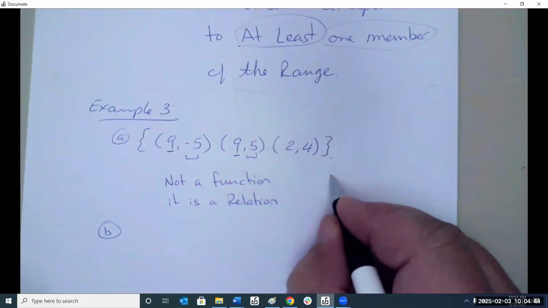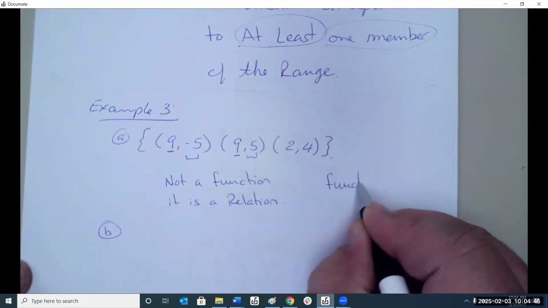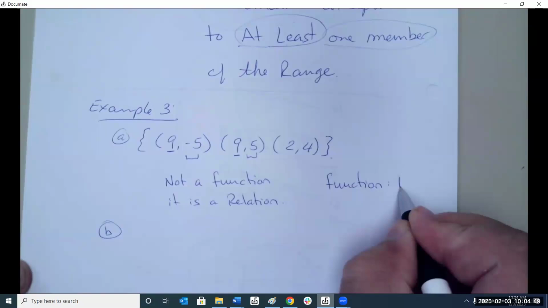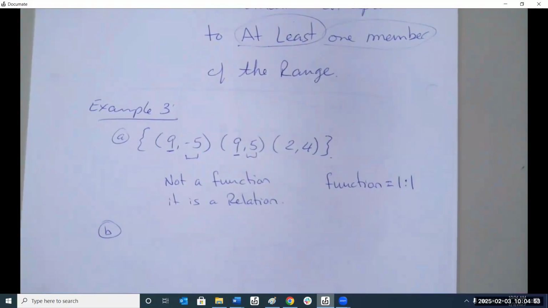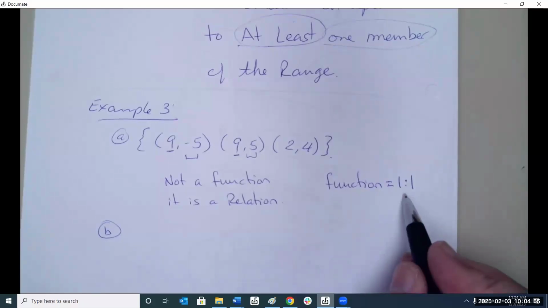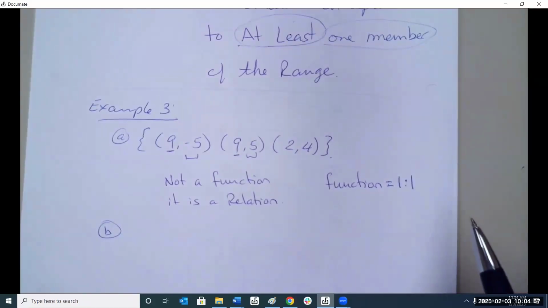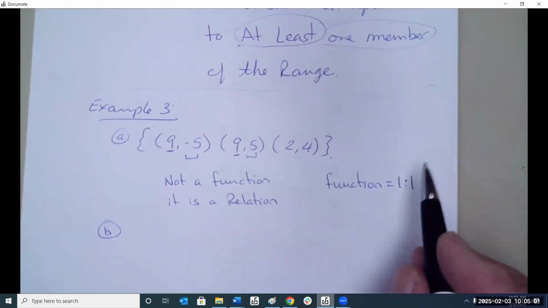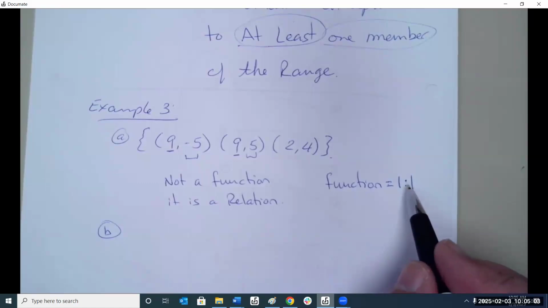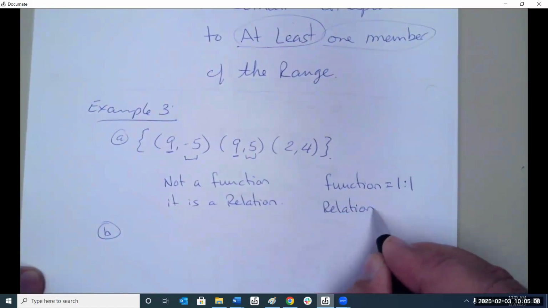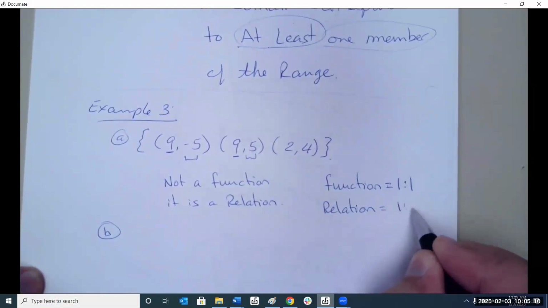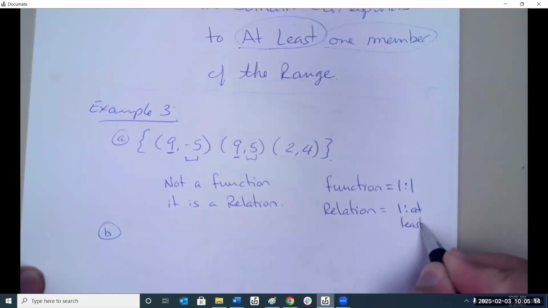A function is one to one. What does one to one mean? Each x goes to one and only one y. That's what one to one means. A relation is one to at least one.